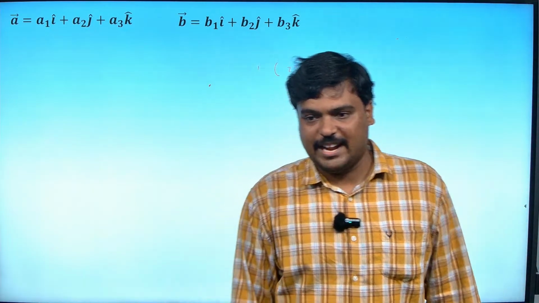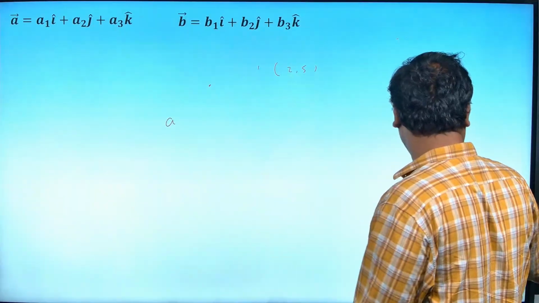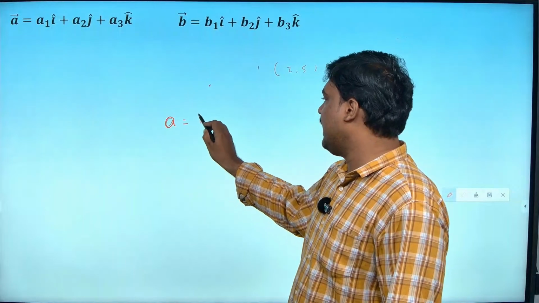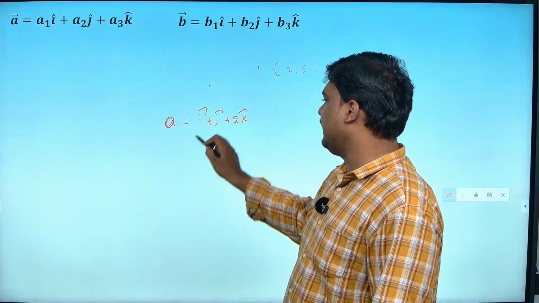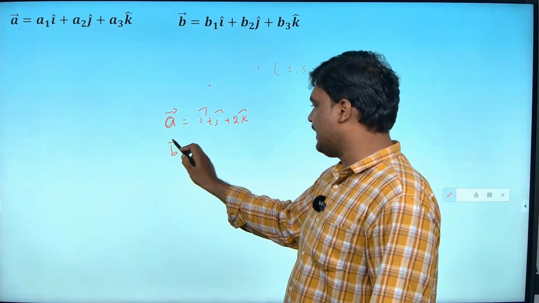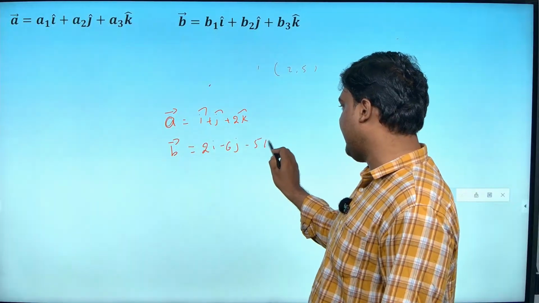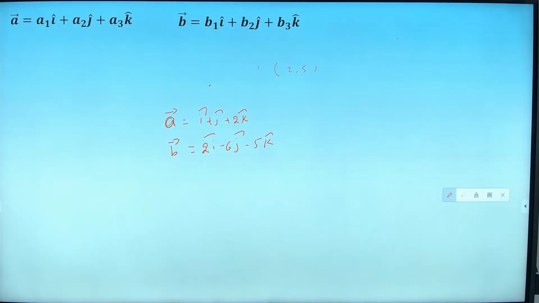Now what am I going to do? I have a vector. Let me take it as a vector which is i plus j plus 2k, and I have b vector which is 2i minus 6j minus 5k. I have two vectors.